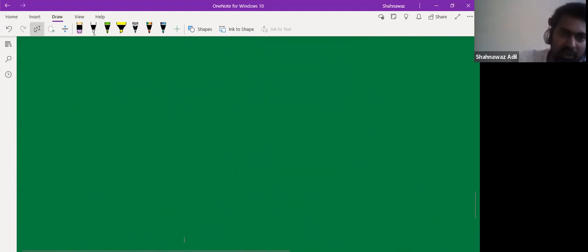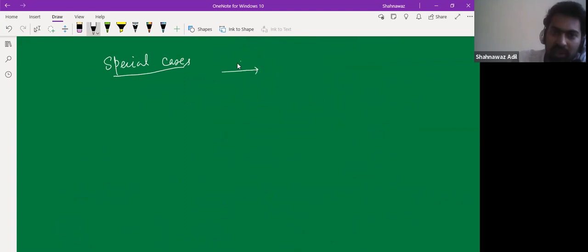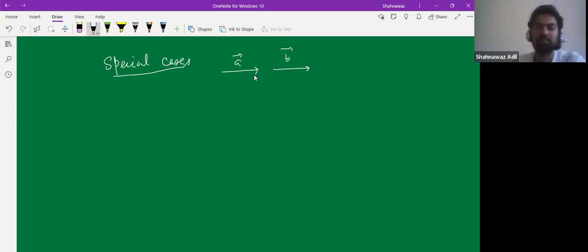Let's say special cases. One is that both the vectors A and B are parallel. Here it is appearing collinear, but let's say I draw like this. Okay. So both the vectors are parallel.